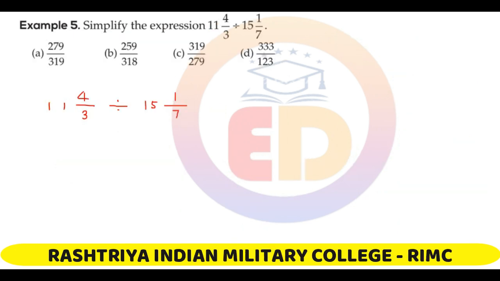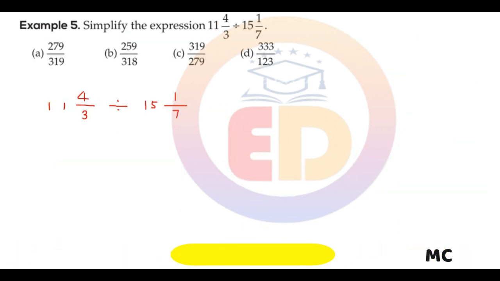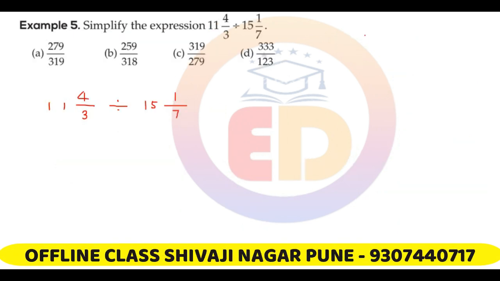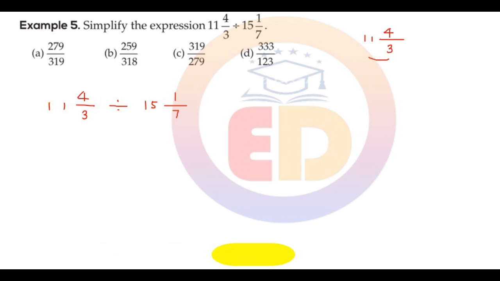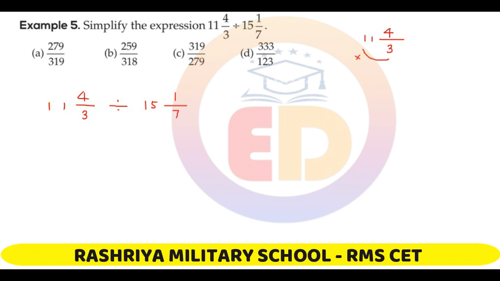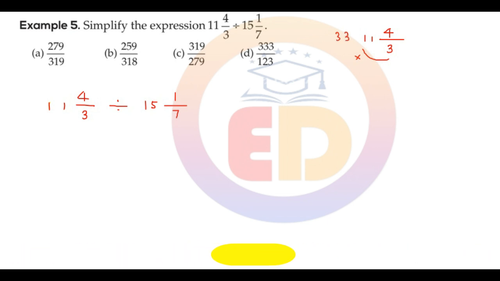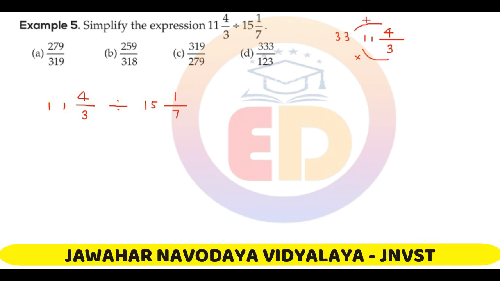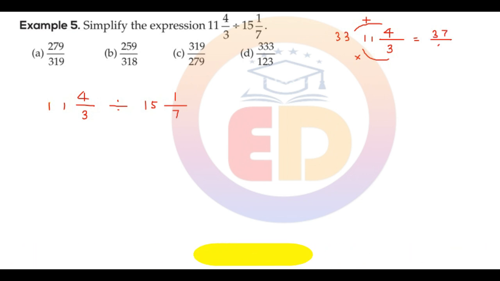We have to divide 11 whole 4 by 3 by 15 whole 1 by 7. 11 whole 4 by 3 will be 3 multiplied by 11, which is 33, plus 4 is 37 upon 3.